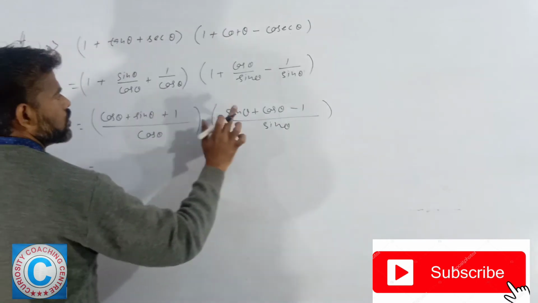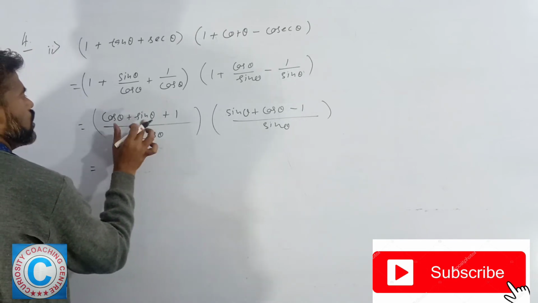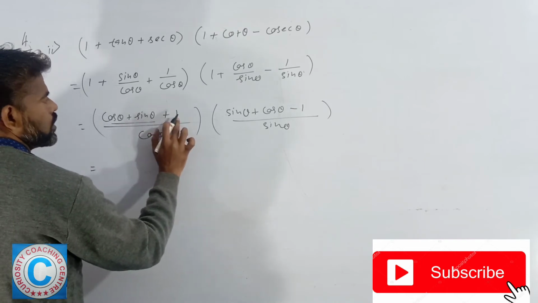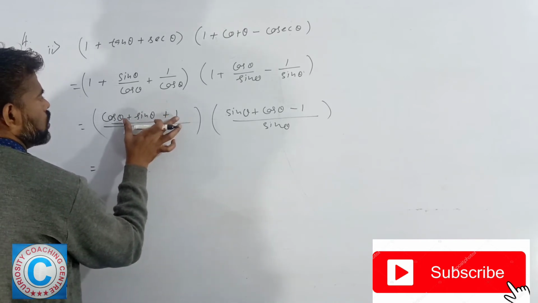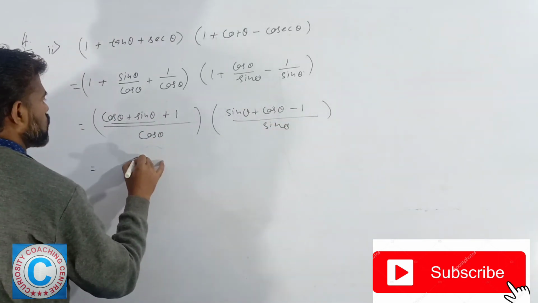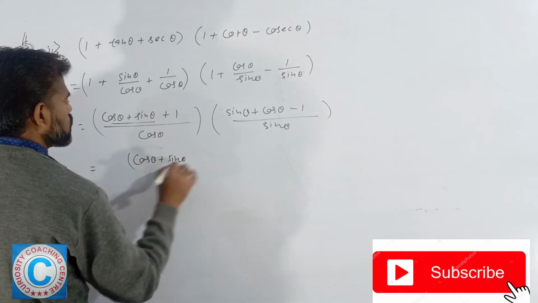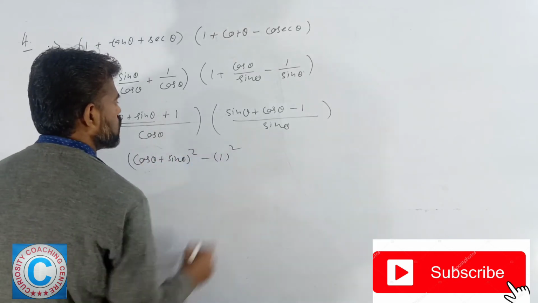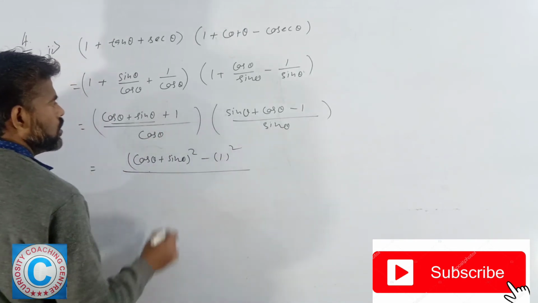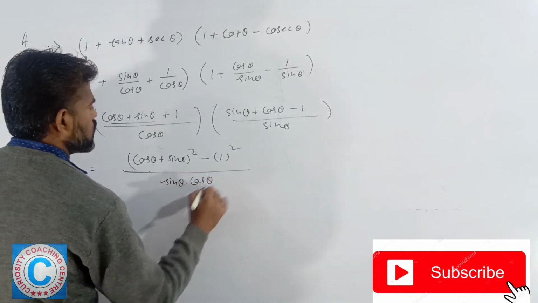Now multiply numerator to numerator. Now if we let cos theta plus sin theta be a and this 1 be b, then these are of the form a plus b and a minus b, which is equal to a square minus b square, that is cos theta plus sin theta whole square minus 1 whole square, over sin theta into cos theta.